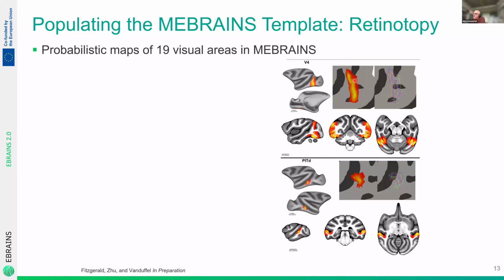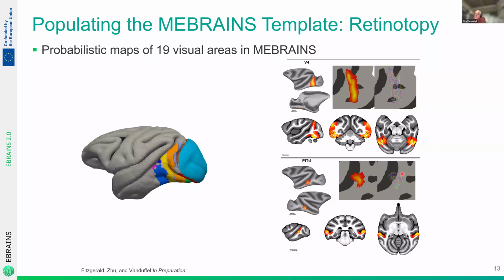This is for PITd, an area slightly more ventral towards the temporal pole of inferotemporal cortex. And you see, again, more variability. The more you move away from V1, the more variability you get between different subjects. Anyway, once you have all that information, you can put that on a brain.